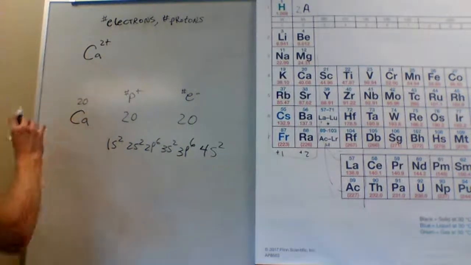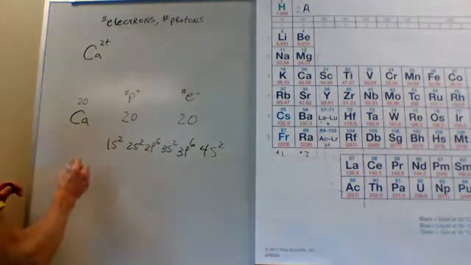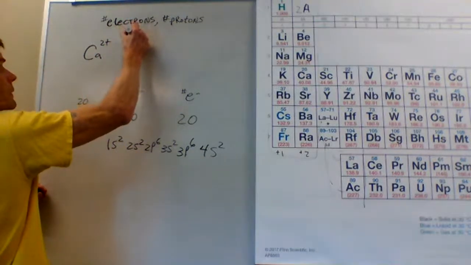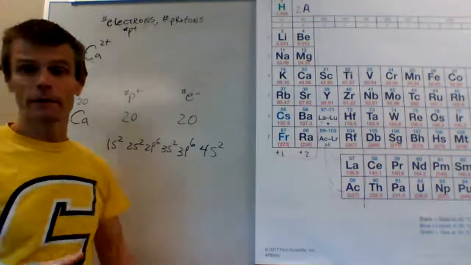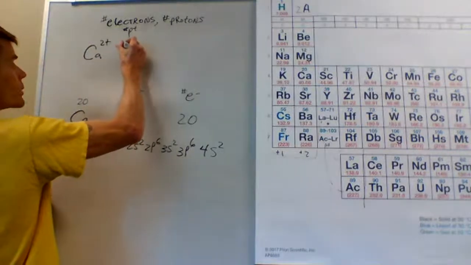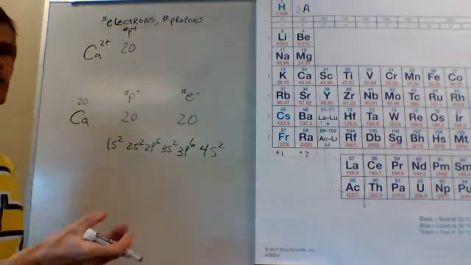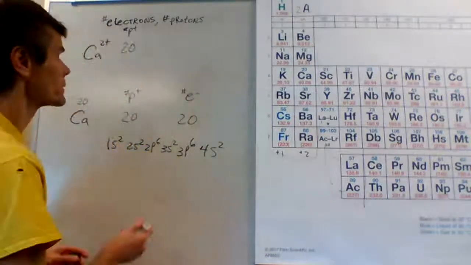Let's look at the calcium positive 2 charge cation. How many protons? The positive 2 charge cation is the same atom. It has 20 protons, but now it's in its ionized form because it's lost 2 electrons.